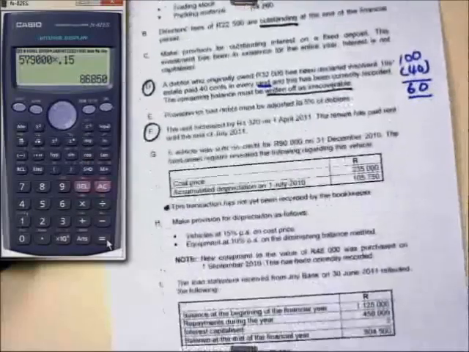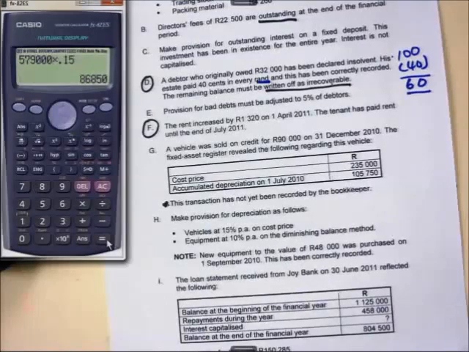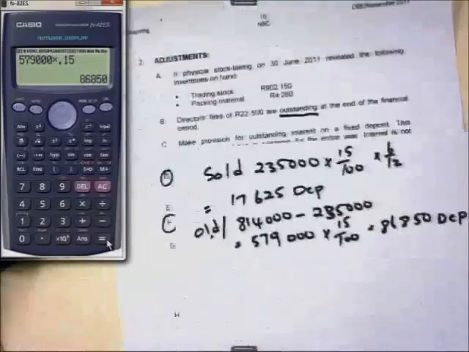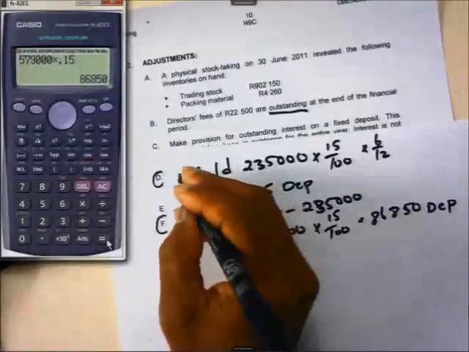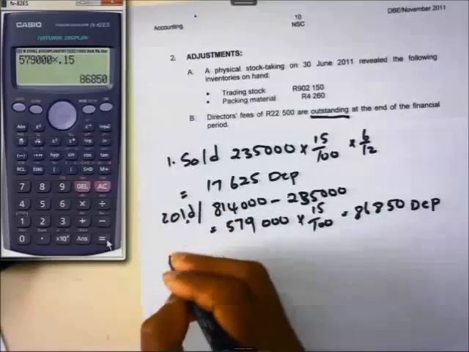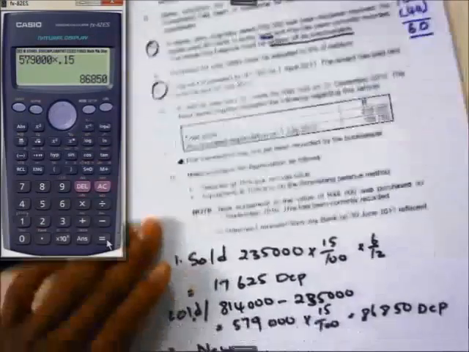Now we are also going to check the equipment. Information H says make provision for depreciation as follows. There is a note: the new equipment to the value of 48,000 was purchased on 1st September. So this is now the new one. We calculated the first one, the second one, and the third one is the new one. How much is the new one?